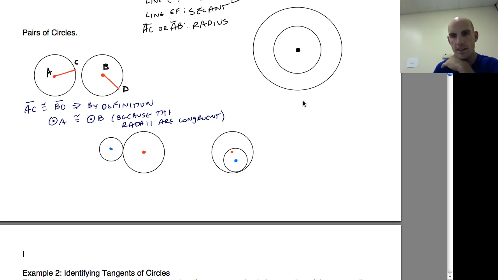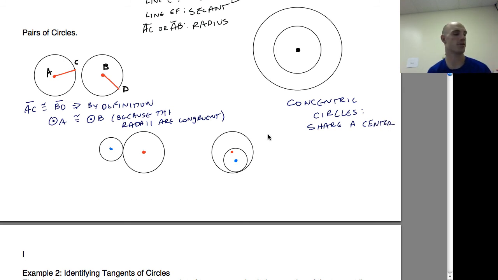So these are called concentric circles because they share a center.